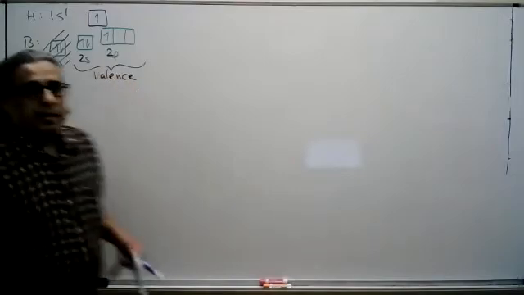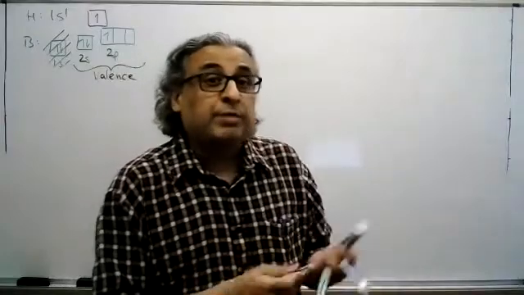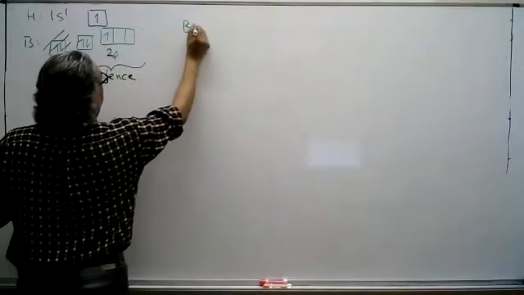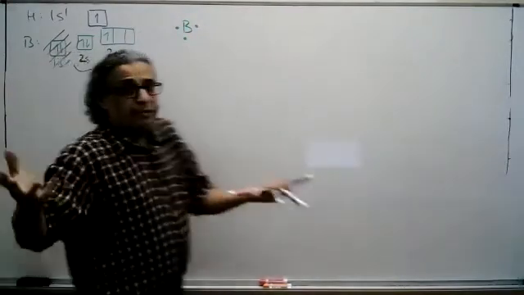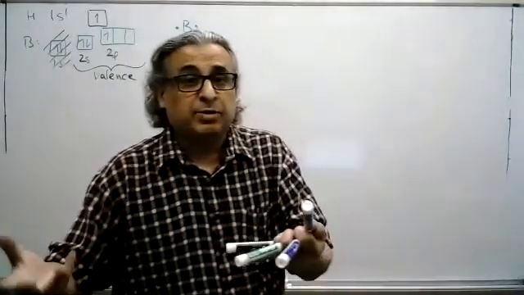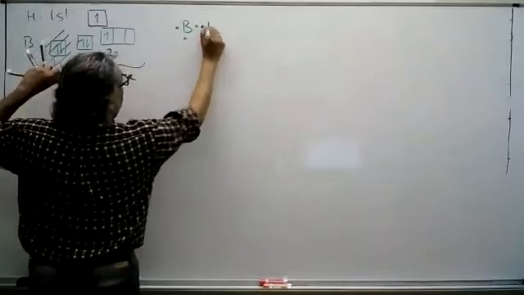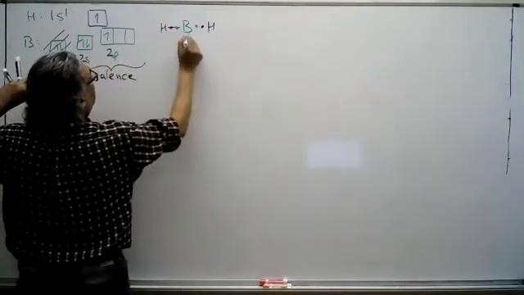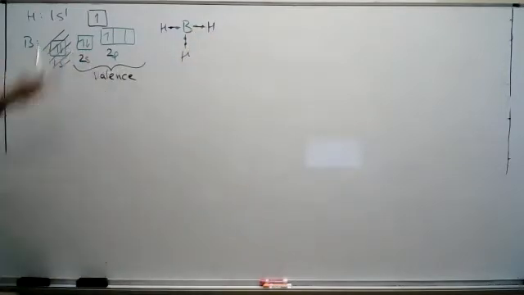Okay. You already know that the molecule that boron and hydrogen make is not BH, it's BH3. We already know that. How? Well, if you take the molecule and analyze it by doing elemental analysis, you will figure it out that it's 1 part boron and 3 parts hydrogen. So this is not right.